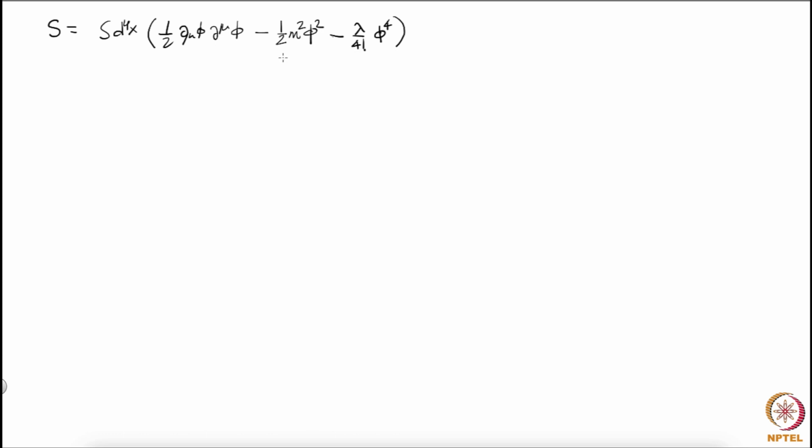So if I want to calculate physical mass, that physical mass will be expressed in terms of these parameters m square and lambda, right? Because all observables will be functions of these parameters that appear in the action. So the physical mass, which we have been calling mp, will be a function of m and lambda.